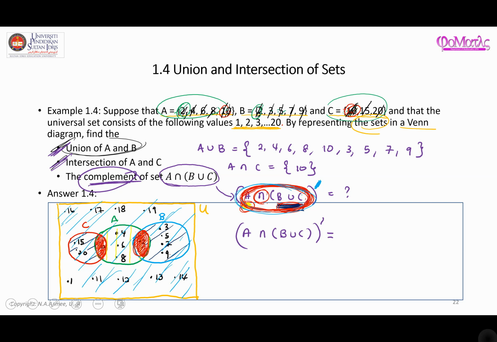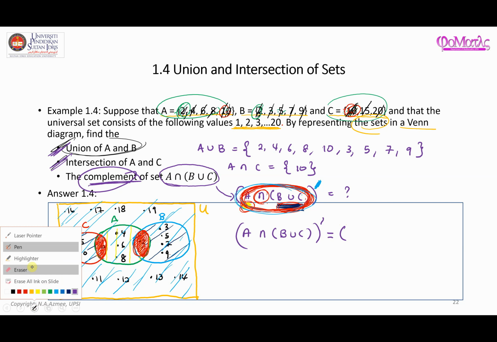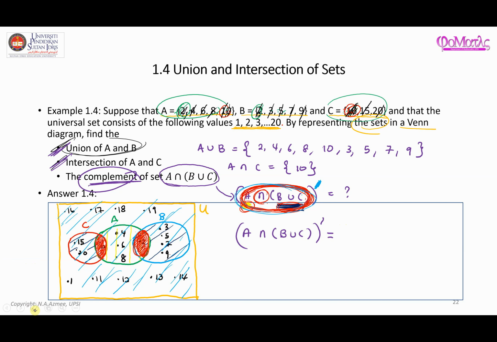So it's going to be, sorry, let me erase this. I'm going to start off with this one. So 16, 17, 18, 19.